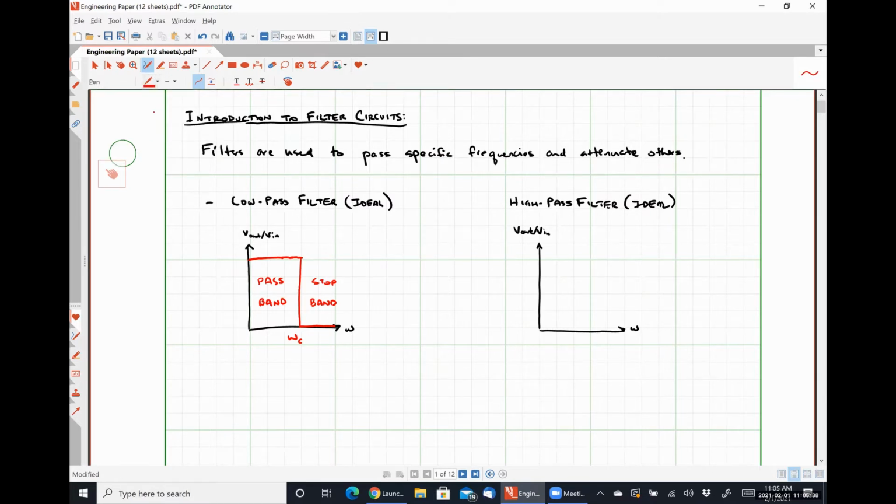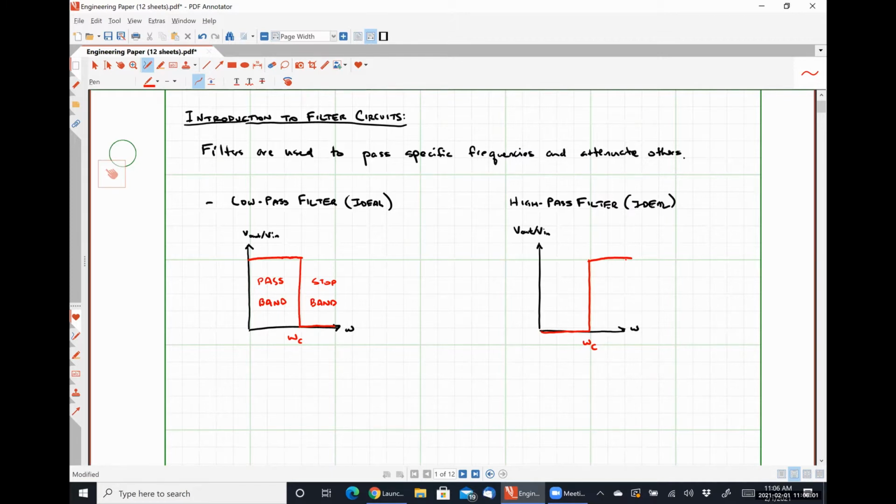So for an ideal high-pass filter, we should observe that all of our signal is attenuated until we reach our corner frequency, omega c, at which point abruptly all frequencies of interest are passed.